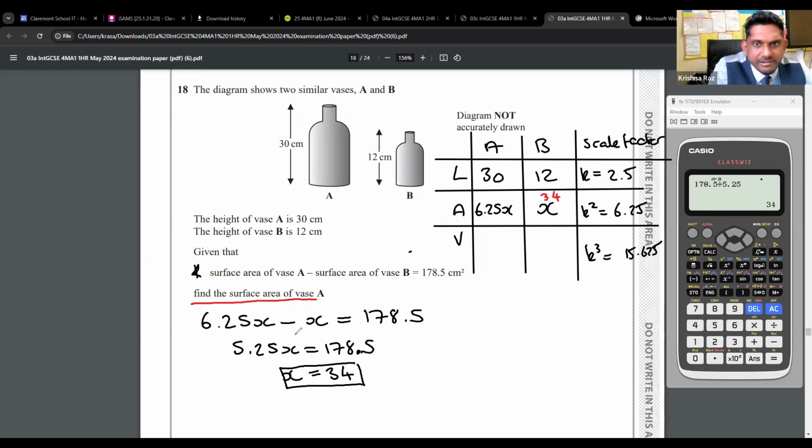And so the surface area of A is simply 6.25 times 34. Yeah, because if I times that by k squared, I'm going to get that missing amount. So times 6.25, and we get our answer, 212.5.